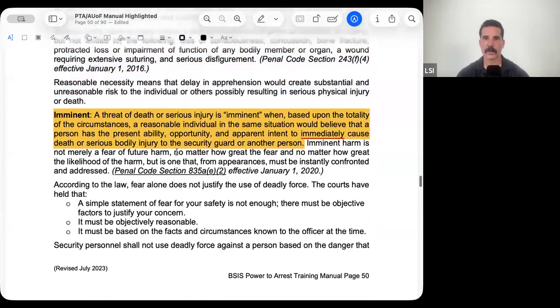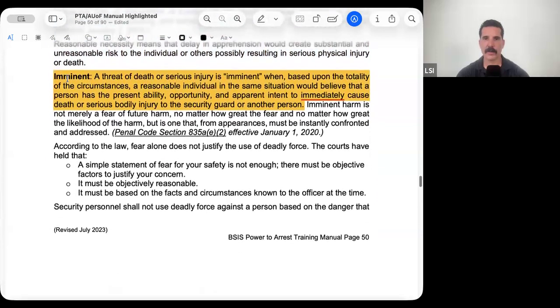All right. Now we're going to go to the next paragraph that starts with the definition of imminent. We're going to highlight this whole section describing imminent. It says imminent. A threat of death or serious injury is imminent when, based on the totality of the circumstances, a reasonable individual in the same situation would believe that a person has the present ability, opportunity, and apparent intent to immediately cause death or serious bodily injury to the security guard or another person.